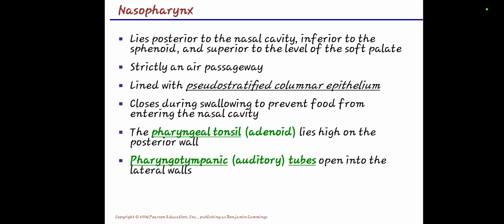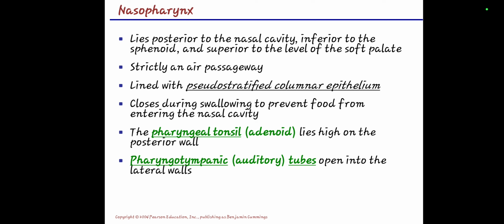So what are the differences between the pharyngeal tonsil and the pharyngotympanic tube? The pharyngeal tonsil is a tissue lying in the midline along the roof of the posterior wall in the nasopharynx, while the pharyngotympanic tube has a tubal tonsil, which is located posterior to the pharyngeal opening of the auditory tube in the nasopharynx. So that is the difference between the two.